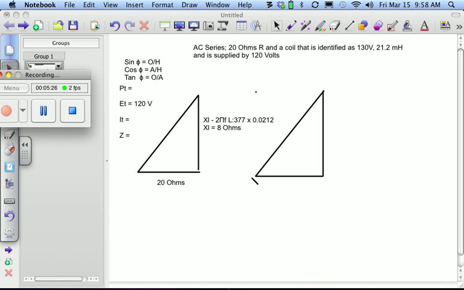Then our second question says, what is the power factor? Well, we know that the power factor is the cosine of that angle, and there's our angle right there, 21.8. So let's hit cosine, second function answer, enter, and the cosine is 0.928476691.